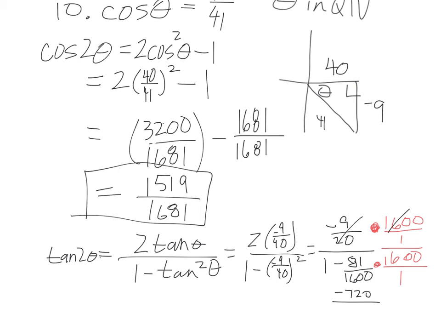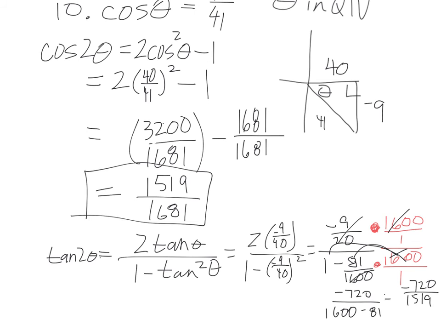So all that simplifies to -720 in the numerator. In the denominator, 1600 distributes into 1 as 1600, and 1600 times the fraction cancels, leaving 81. And then we go ahead and simplify.